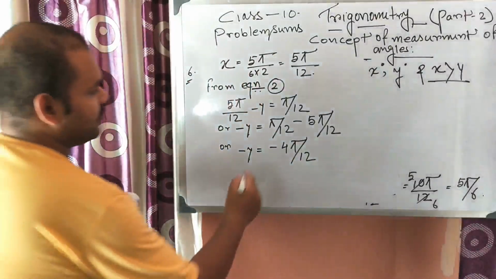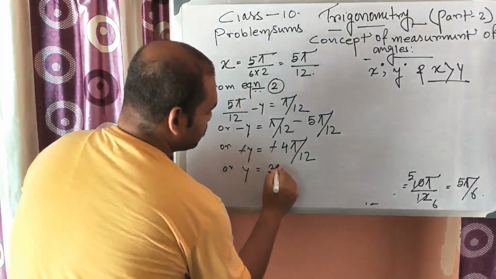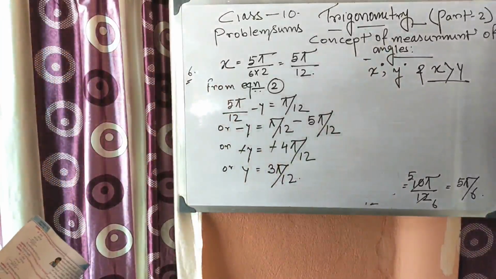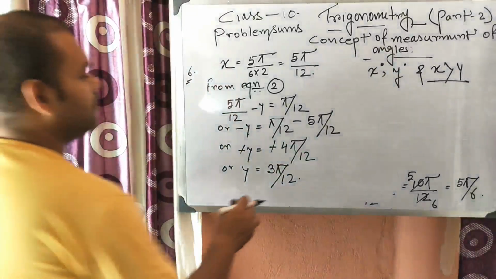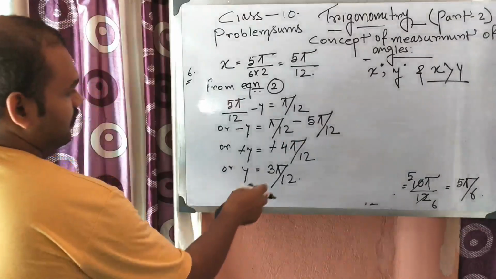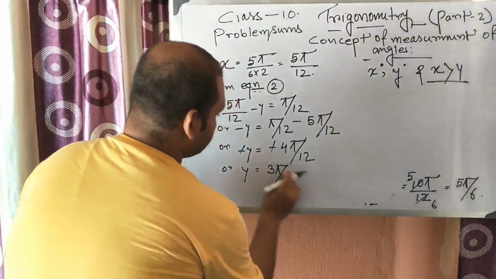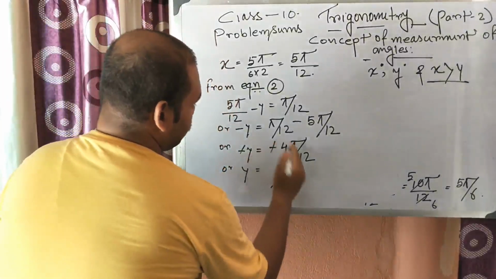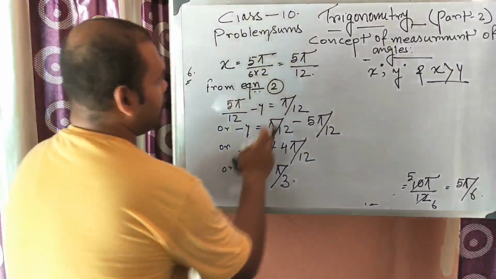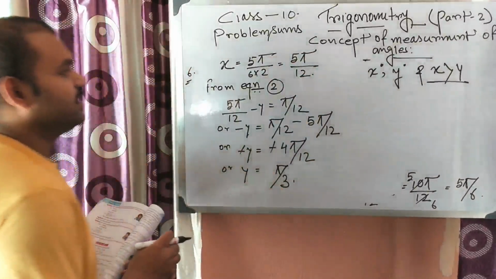Minus minus cancel out, so y is equals to 4 pi by 12, not 3 pi by 12, so pi by 3.